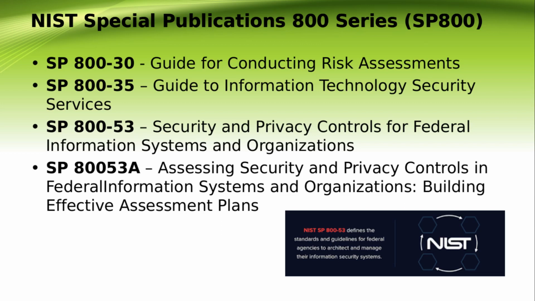The SP 800 publications are developed to address and support the security and privacy needs of US federal government information and information systems. NIST develops SP 800 series publications in accordance with its statutory responsibility under the Federal Information Security Modernization Act, FISMA, of 2014. So there is a law; you can Google it for more information.